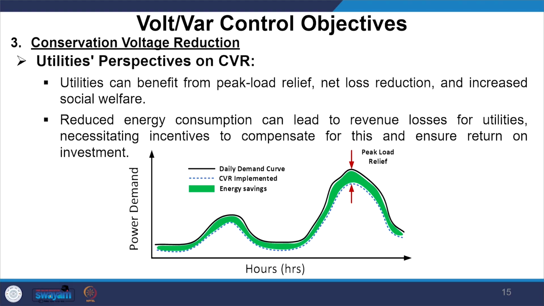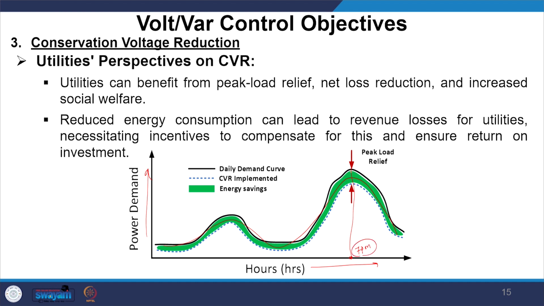As per the utility perspective of CVR, utilities can benefit from peak load relief, net loss reduction, and increased social welfare. That means if I plot a characteristic, this is my load characteristic, and this is the power demand, and this is the time, and assume that we are experiencing the peak load at 7 p.m. theoretically.